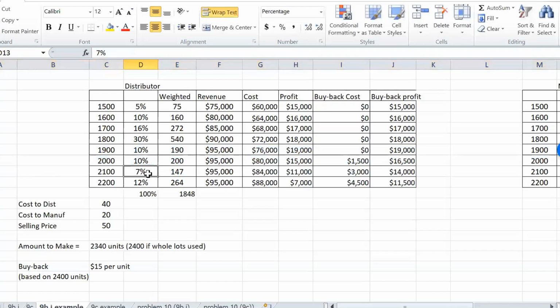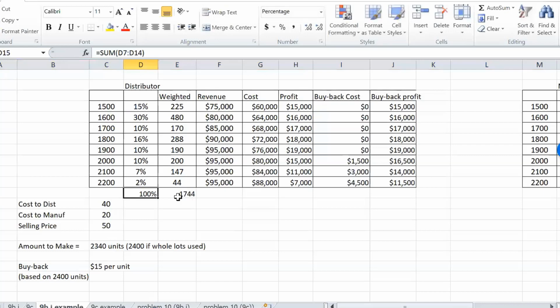It's pretty obvious. Let's say I made this 30% and made this 10, I'm just going to drop some numbers in here until it's 16. It's just based on the distribution.